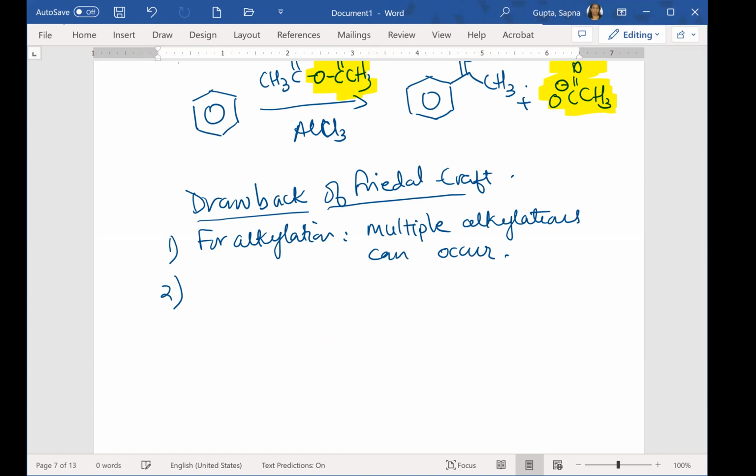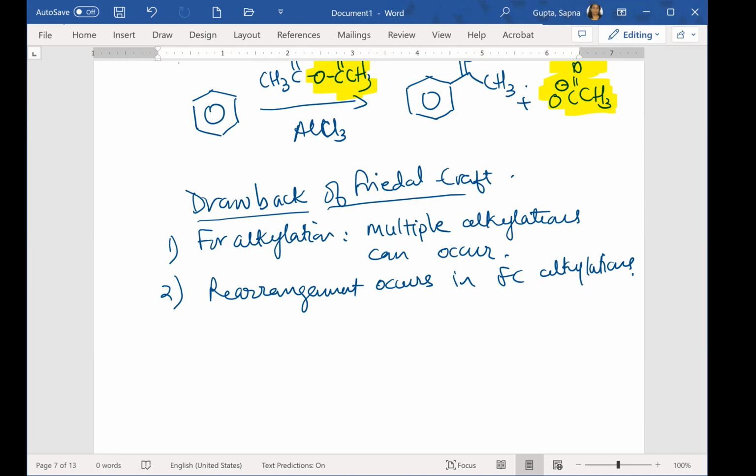Number 2, you already know, rearrangement occurs in Friedel-Crafts alkylations. And for the rearrangement, remember your rules. You have to form a more stable carbocation.